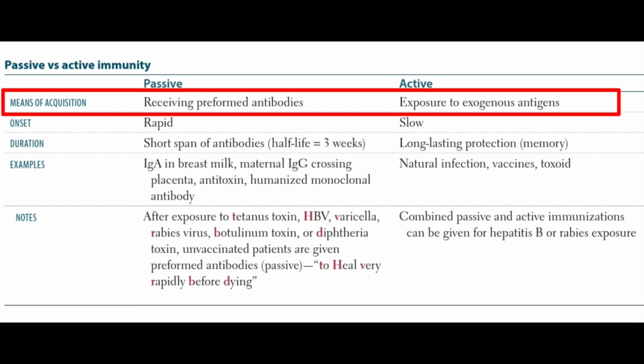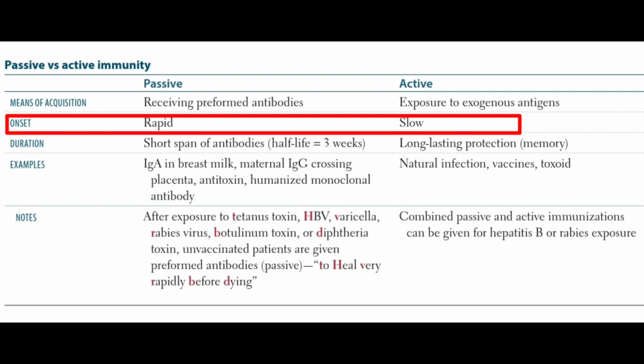After exposure to the exogenous antigen, our body itself makes antibodies against that antigen, so that is active immunity. The onset of passive immunity is quite rapid, but the onset of active immunity is slow, because in passive immunity the antibodies are received quickly and act in our body right away.